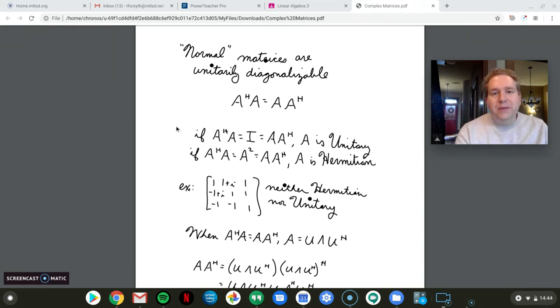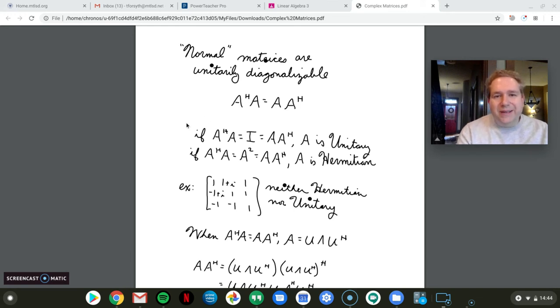And this occurs only when A Hermitian A equals A A Hermitian would you have the case where you would have the same with orthonormally diagonalizable or unitarily diagonalizable matrices as well. Okay.